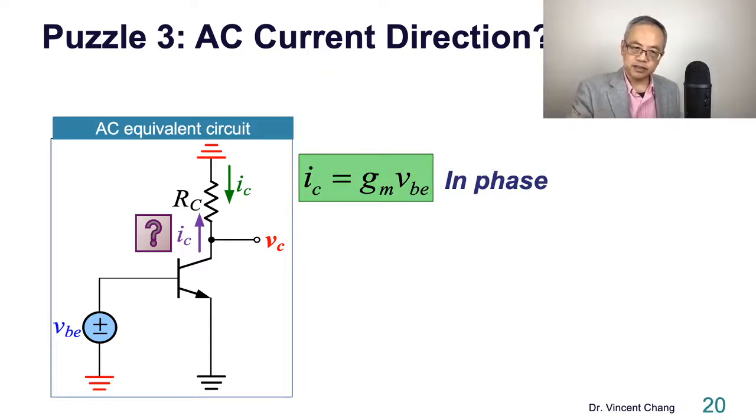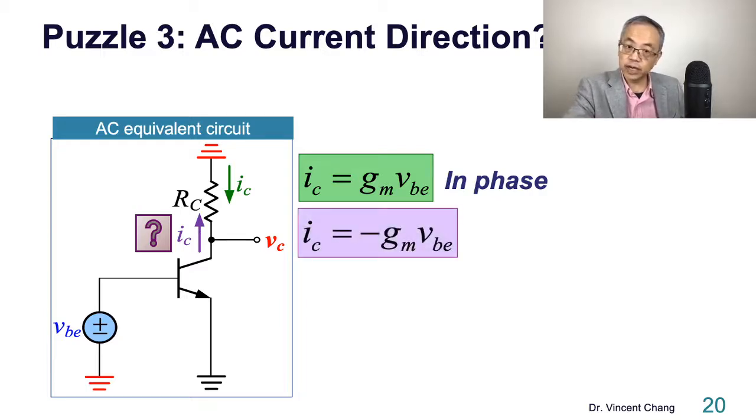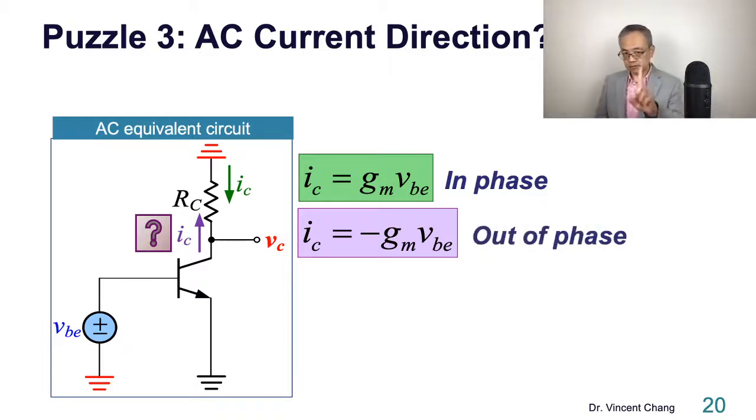Now answer me. What about the purple? Can you do it this way? Yes, you can, as long as you put on a negative sign. These two are opposite, right? The negative sign means the green current and the purple current are in opposite directions.